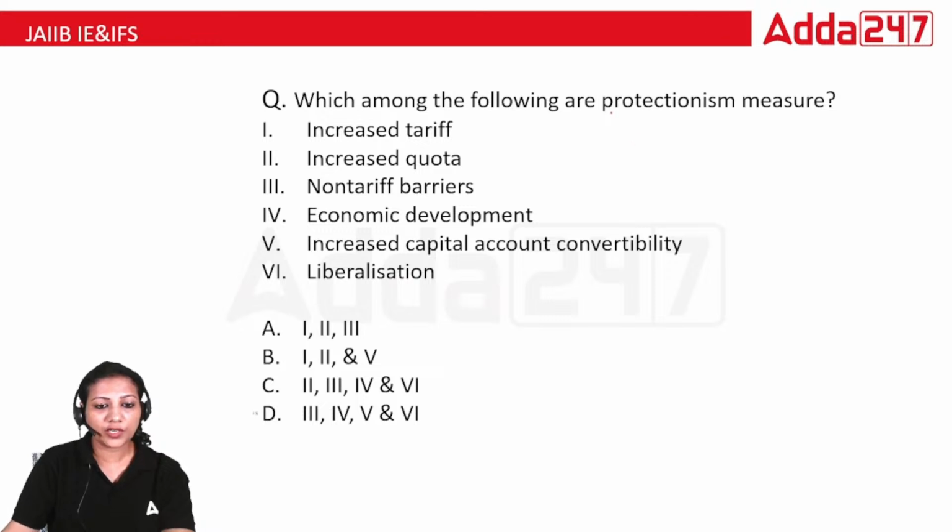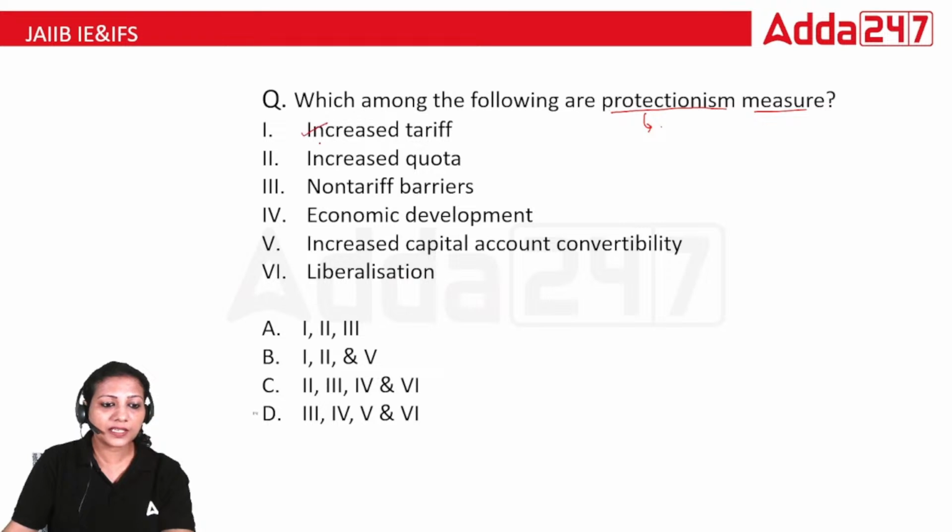What are the protectionism measures that are taken by the government? First of all, protectionism means that the government is trying to protect our own economy. There is protection involved here. So what could be the measures?